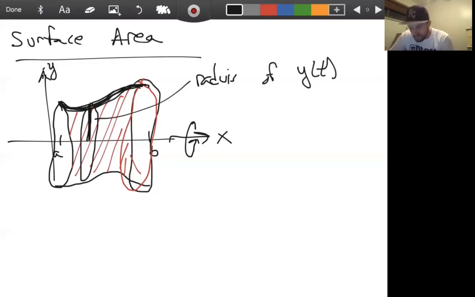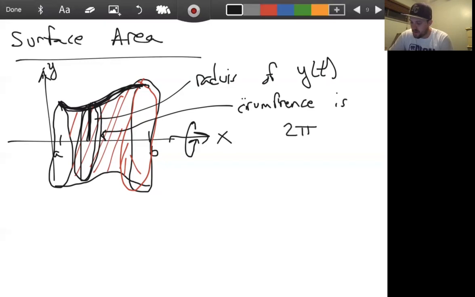right? And so what's the area of a circle? We want the circumference of this circle, right? What's the circumference of that circle in there? The circumference is 2 pi r.